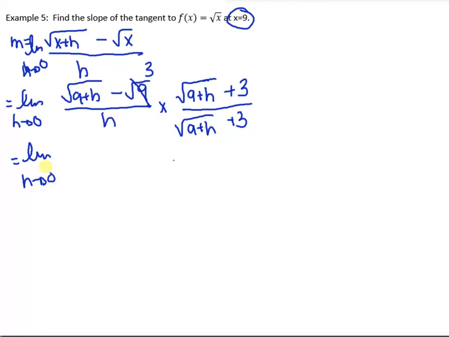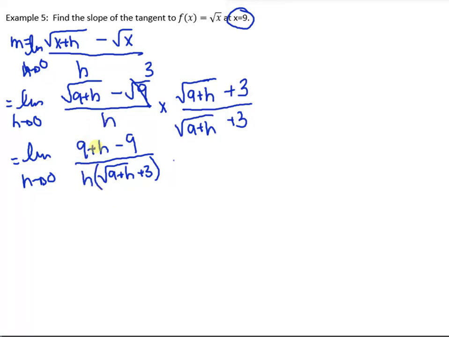Okay, so what do we get on the top? Root 9 plus h times root 9 plus h is just simply going to be 9 plus h. I'm going to ignore the two middle terms, and negative 3 times 3 is negative 9. And that's all going to be over... Do not even expand this. It will, 9 times out of 10, cancel out and be really pretty.